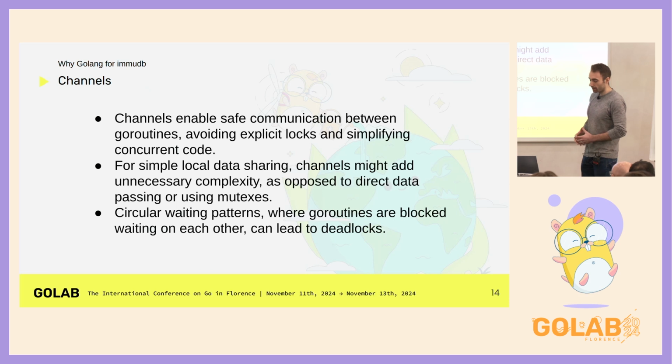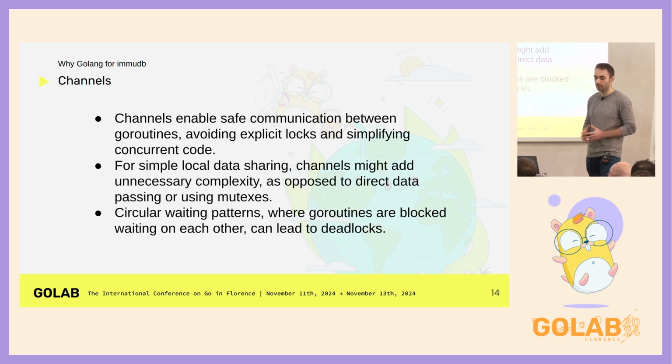So channels are a tool for enabling thread-safe communication between coroutines. But you also have to be careful about using them, because you may incur unintentional deadlocks if you have a kind of circular access pattern when you propagate the ownership of your data.